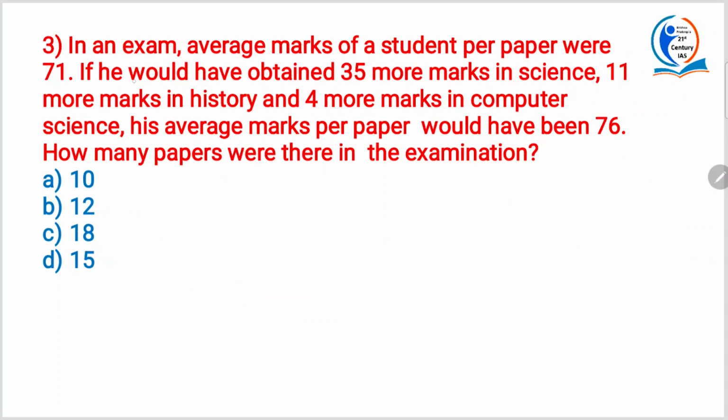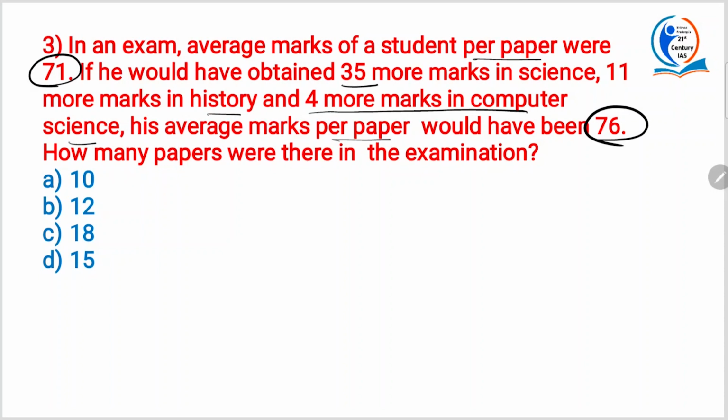Next, in an exam, average marks of a student per paper was 71. If he would have obtained 35 more marks in science, 11 more marks in history and 4 more marks in computer science, his average marks per paper would have been 76. How many papers were there in the examination?